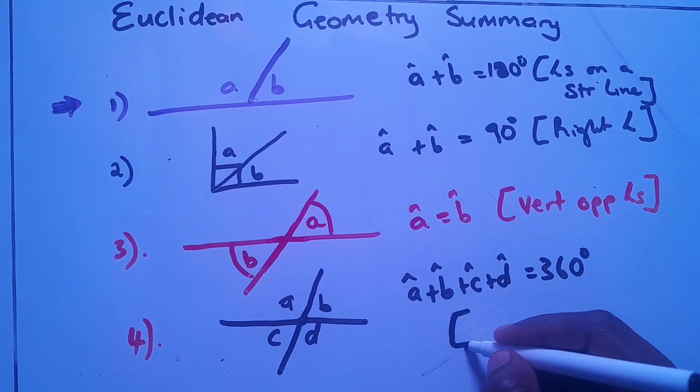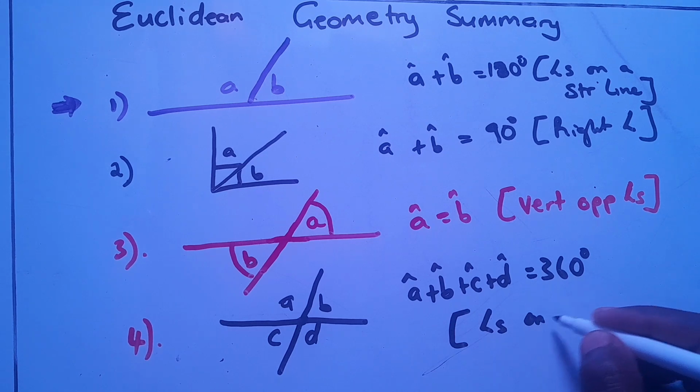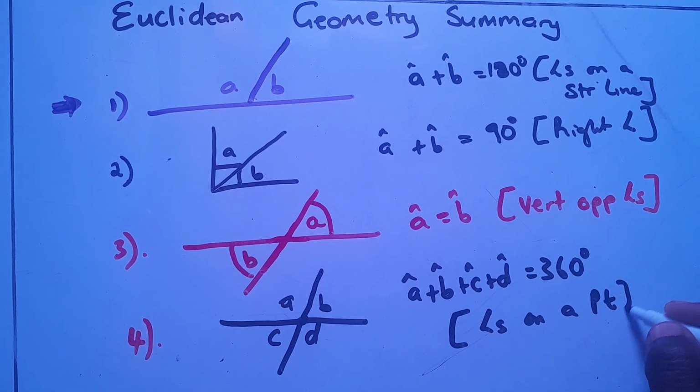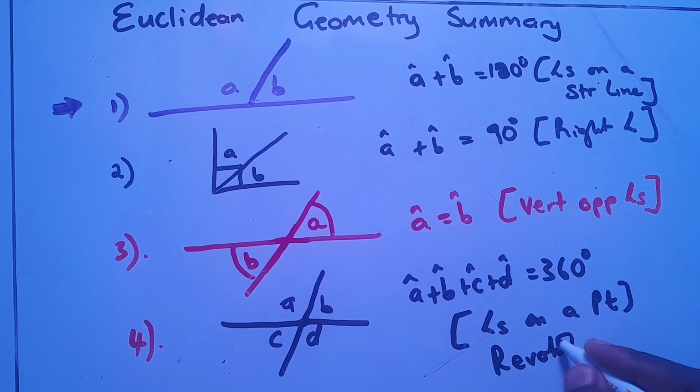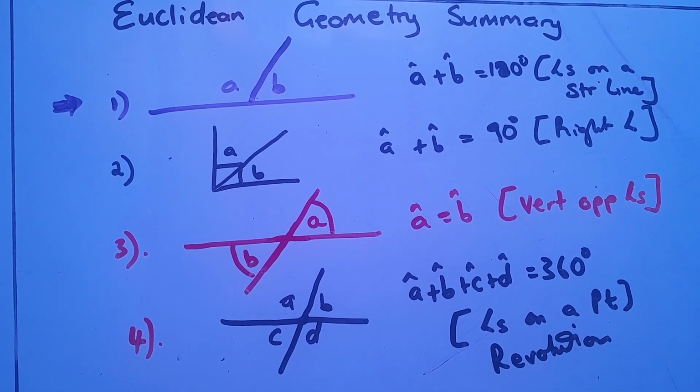And the reason being angles on a point. Some like to use other reasoning like revolution, but if you can just say angles on a point, you are still perfect, right? So now we talked about these 4 reasons.